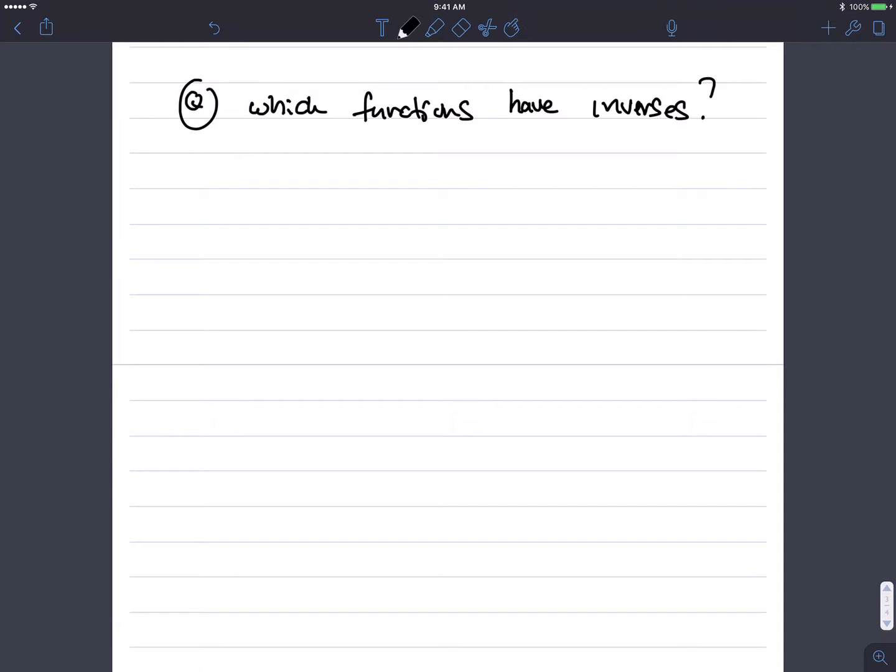And the answer to that question is functions that are 1-to-1. Okay, 1-to-1, meaning they have a 1-to-1 correspondence. And to give you a definition of 1-to-1, there is a definition, and there's how it feels.